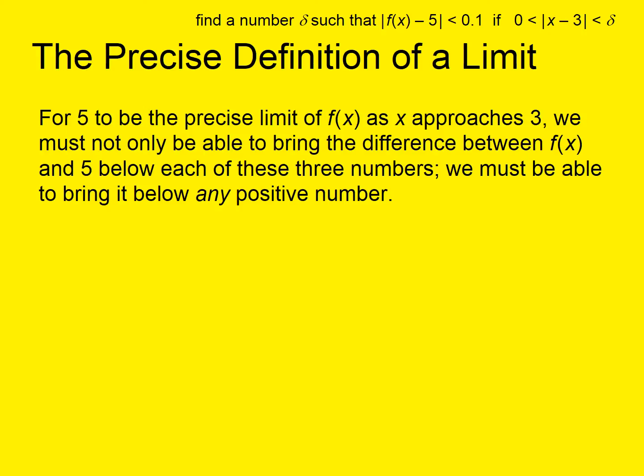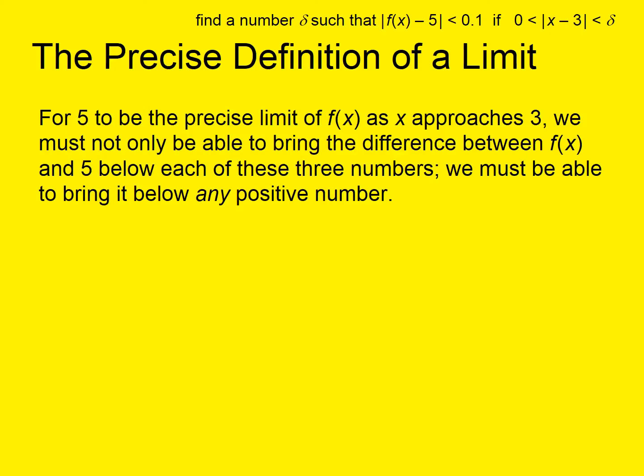Okay, so if anyone says, "Oh, well, that doesn't prove it," what about 0.0000000001? Can you produce a delta which makes the difference between f of x and 5 less than that? Well, yeah, we can do it.